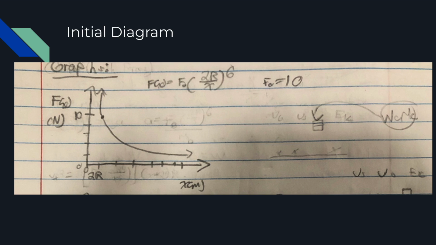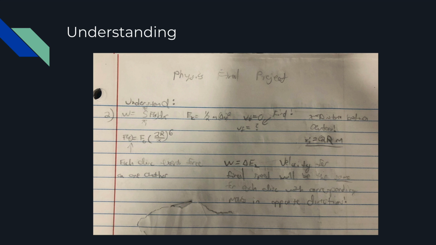So this slide contains my general understanding of the project. Some things to note is that work is equal to the integral from the initial position to the final position of the force equation, which we are given: F of x, the force, is equal to F0 times 2r divided by the position to the power of 6. Kinetic energy is equal to 1/2 mv squared, obviously.